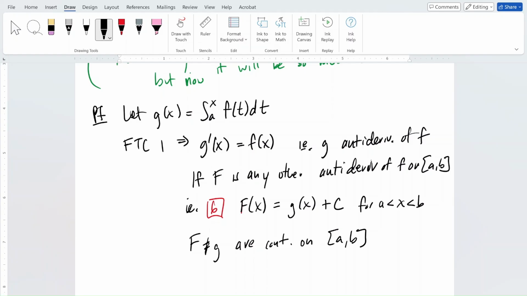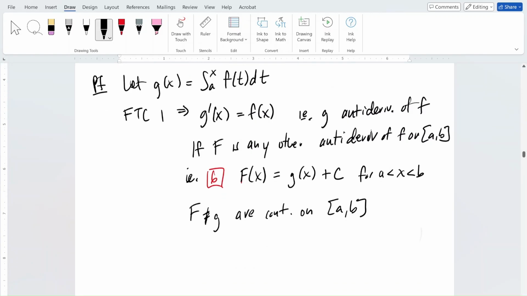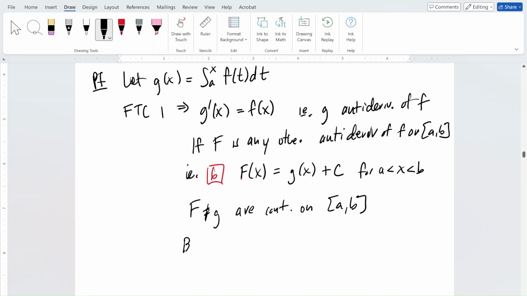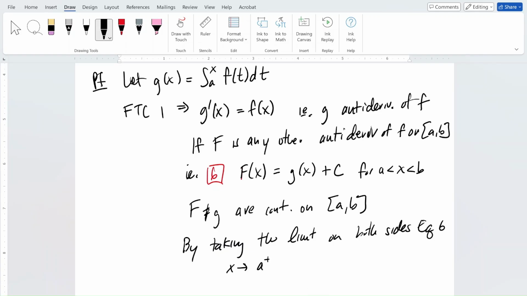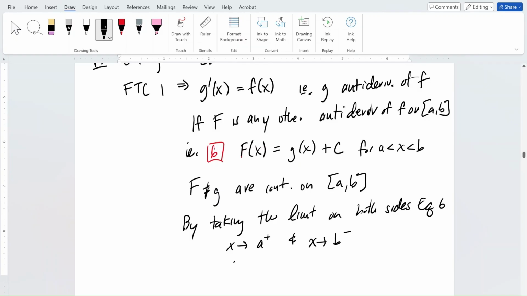Well, if I take the limits on both sides of equation number 6, the one that I just wrote, where x approaches a from the right and x approaches b from the left, this is trying to think about the portion where x equals a and x equals b.